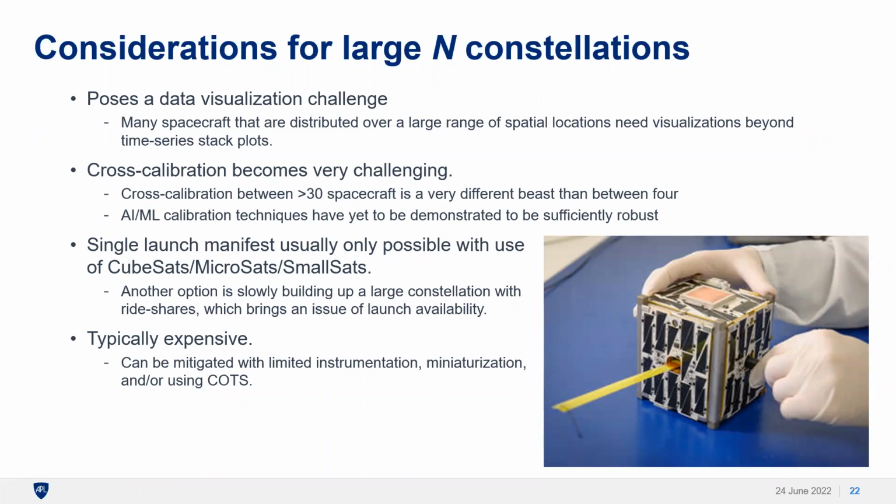From that, we have to start rethinking how we want to show our data if we want to have a large number of spacecraft. Additionally, cross-calibration becomes very challenging. We've gotten really good at doing cross-calibration among a small number of spacecraft, but if you are talking about something like greater than 30 spacecraft, that's an entirely different beast.